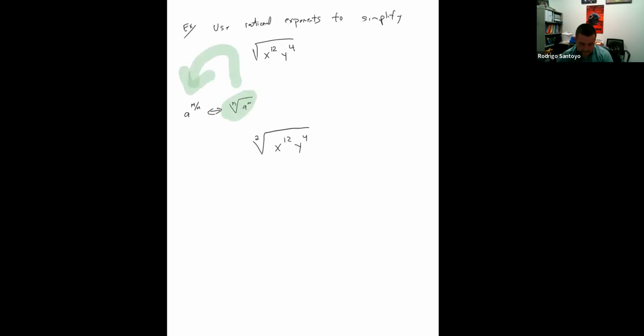So if we do that, looks like it's going to be x to the power of 12 over 2, y to the power of 4 over 2. And now from there, you can just reduce these. Reducing them gives us x to the power of 6 and y to the power of 2. Any questions there, y'all? Any questions?